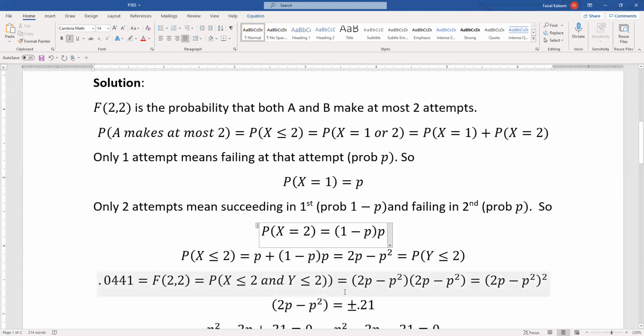And X less than or equal to 2 would be 2P minus P squared, and is multiplication, again 2P minus P squared. So this is 2P minus P squared, whole squared. And we're assuming that A and B, these injuries or non-injuries, are independent of each other. That's why this turned into multiplication. And that's natural to assume that. There's nothing in the problem saying that they depend on each other.